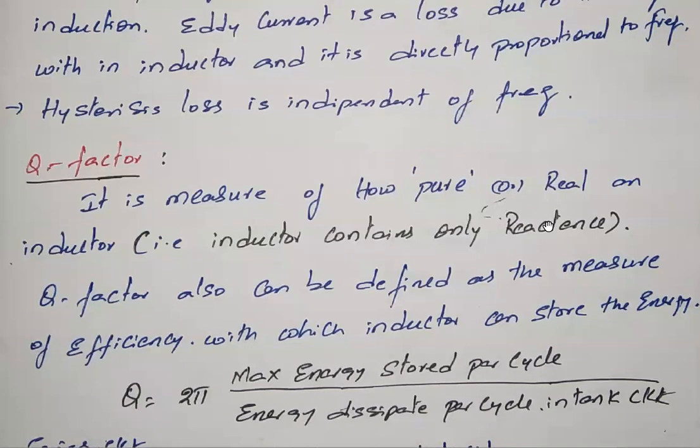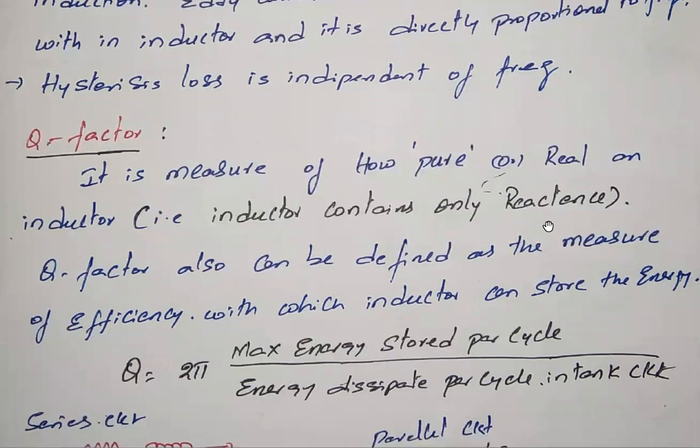It is a measure of how pure or real an inductor is. Simply, we can define quality factor as a measure of the efficiency with which energy can be stored. How efficiently the inductor stores energy is indicated by the quality factor. Generally, quality factor should be very high. Then the reactive component of the inductance will be very high.